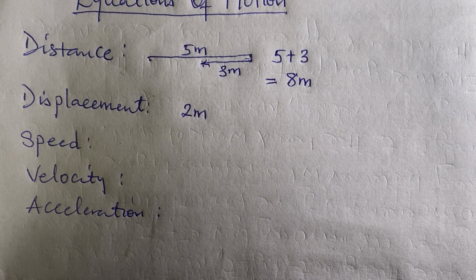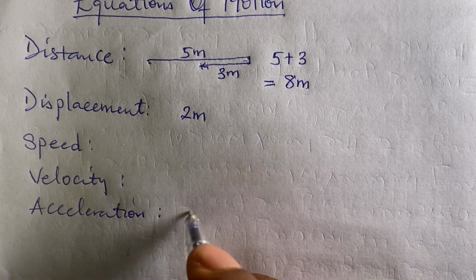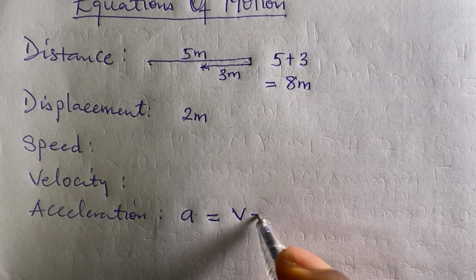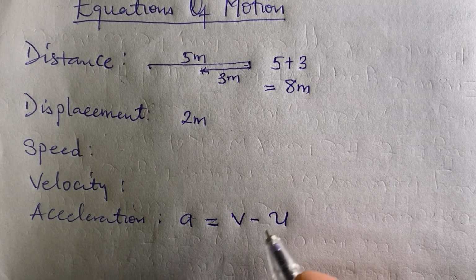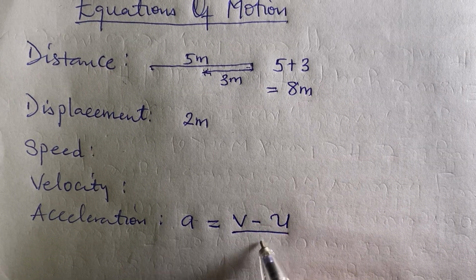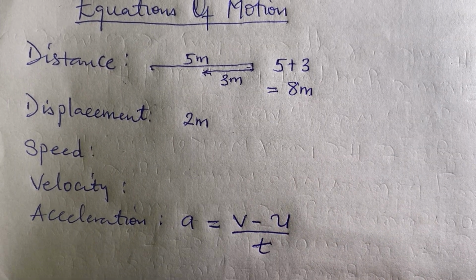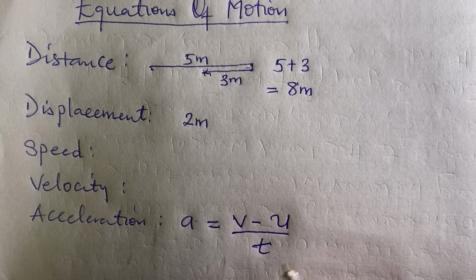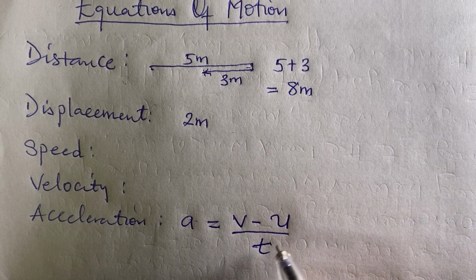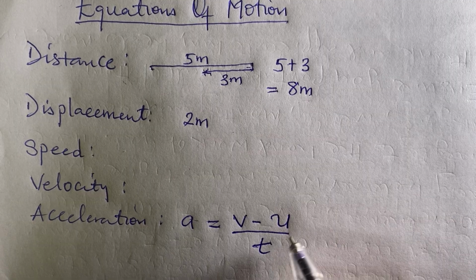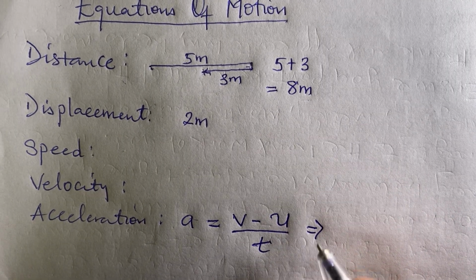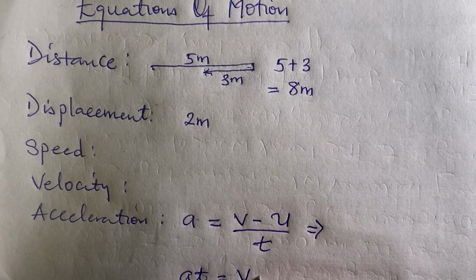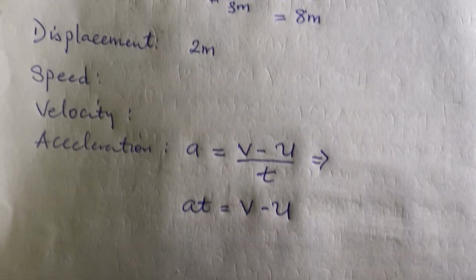That is your acceleration. So mathematically, acceleration is your final velocity minus your initial velocity, over time. If you do the mathematical manipulation, you can multiply both sides by t, so that at = v - u.